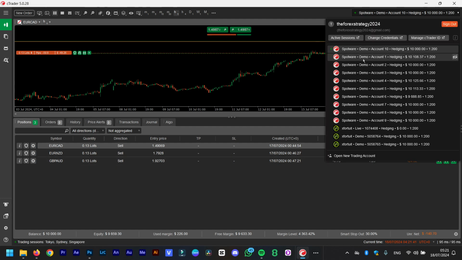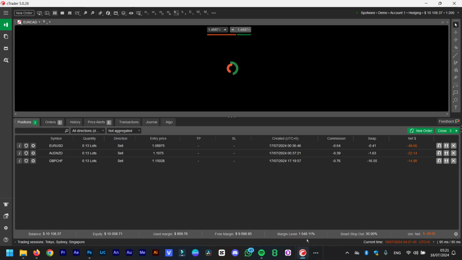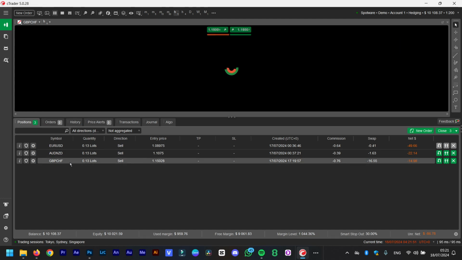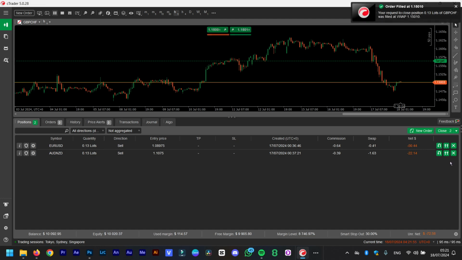Okay, so let's just rewind it and see if all the accounts are good. The first account has only 1,000%. So even this account, I might even close the trade here. GBPCHF, I'm just going to close it. Yes, that was it. I was paying $16 every day just to have the trade open, just out of swapping.